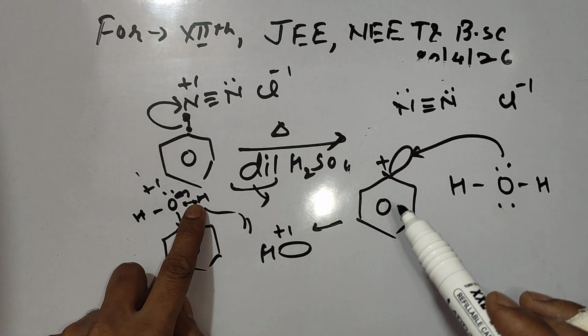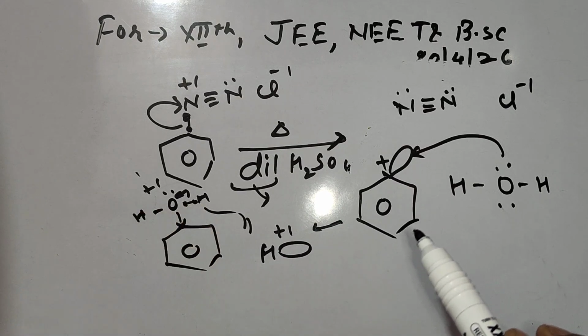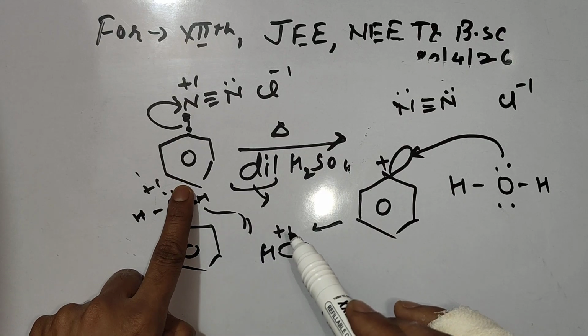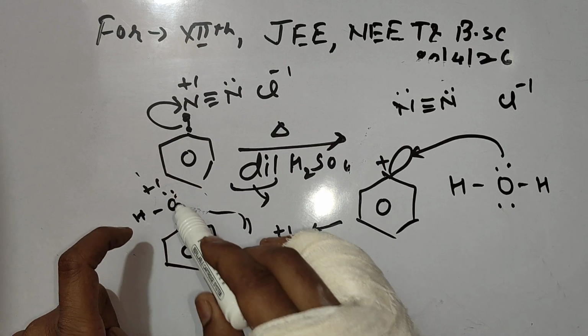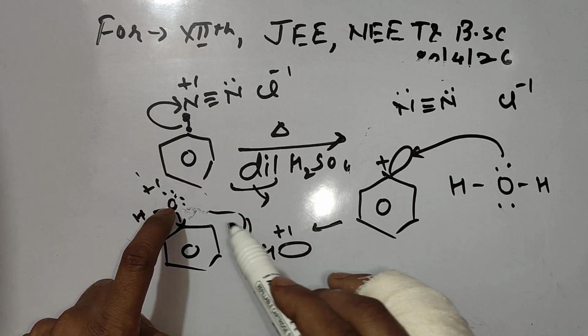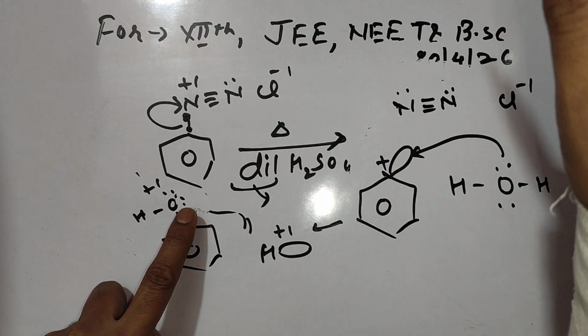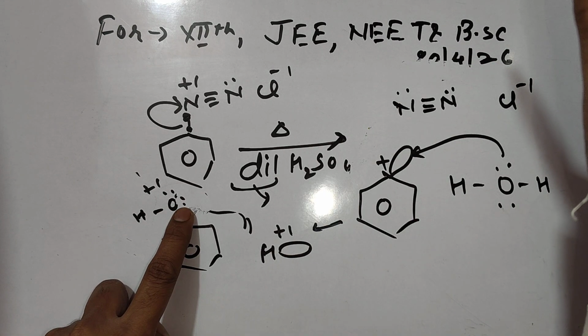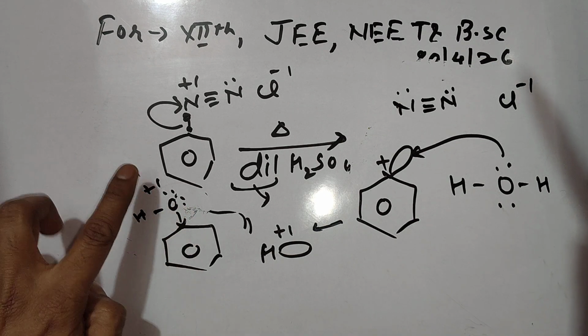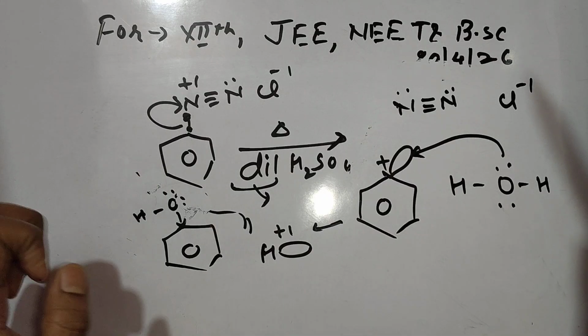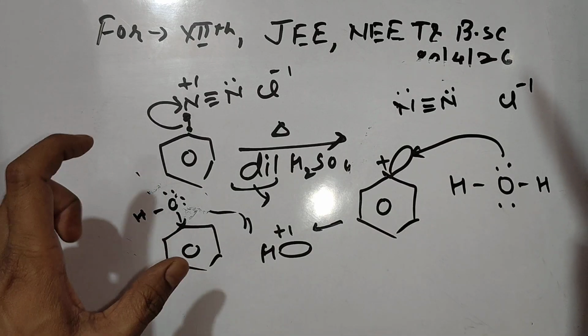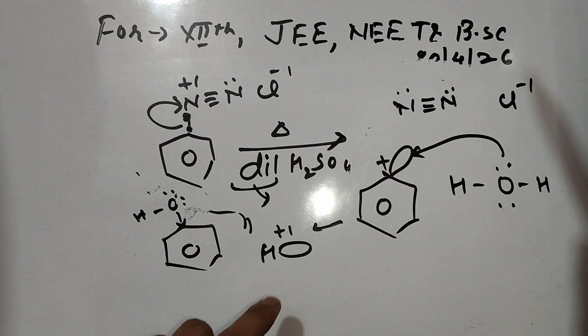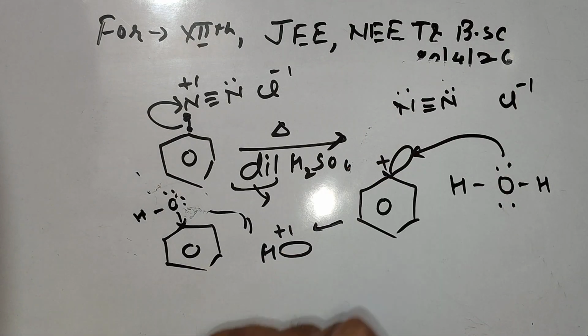Oxygen will become neutral with two pairs. One extra pair will generate over here. One electron will be of hydrogen which it got, and this +1 charge of oxygen will finish. So OH will join this benzene, phenol will generate, and H positive will stabilize Cl negative. In this fashion also we can understand that reaction.